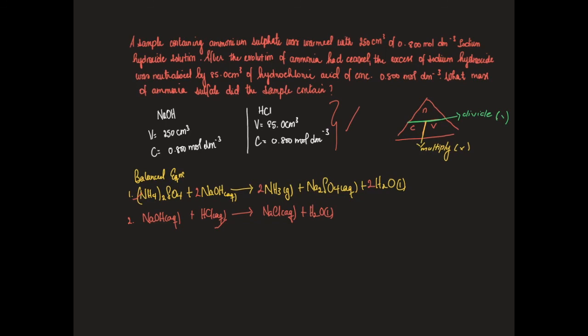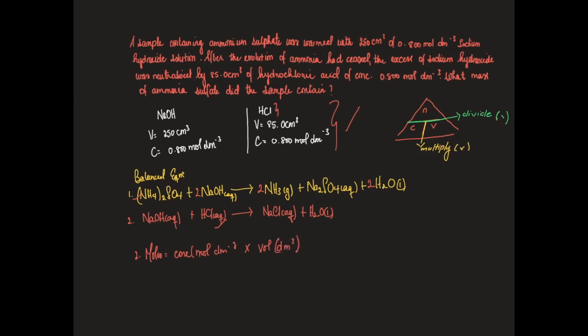Looking at this information, we're going to calculate the number of moles of hydrochloric acid. As you should know by now, moles is equal to concentration in moles per cubic decimeter multiplied by volume in cubic decimeters.